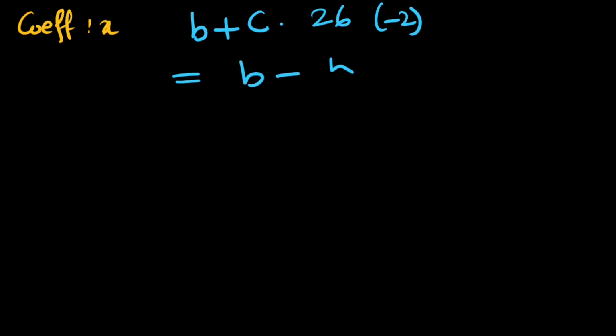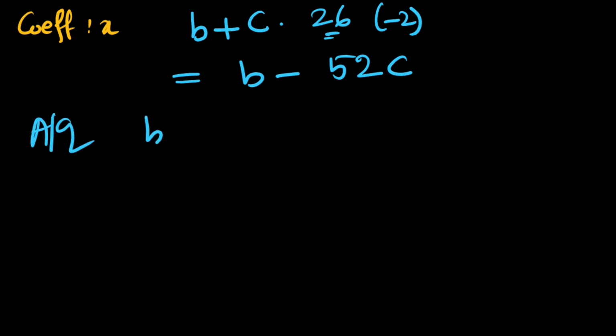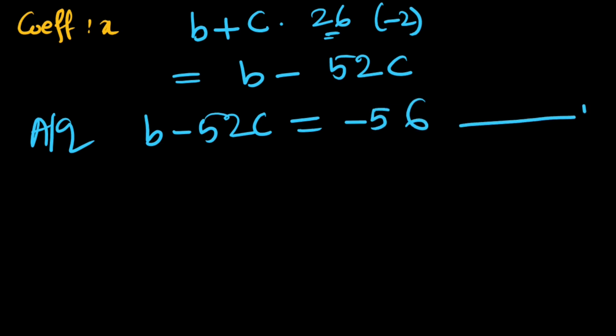Therefore the coefficient of x is equal to b plus c times 26 times minus 2, which is equal to b minus 52c. Given that the coefficient of x is equal to minus 56, according to the question b minus 52c is equal to minus 56. We number this as 1.